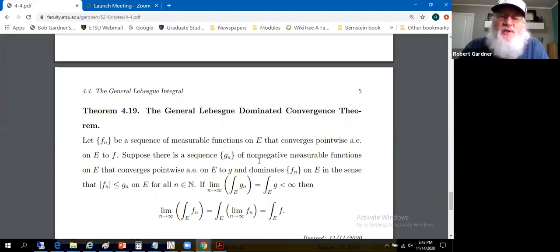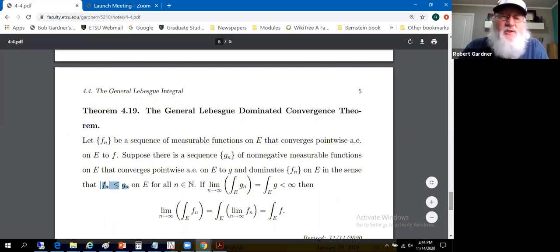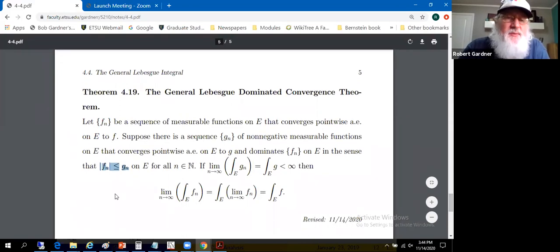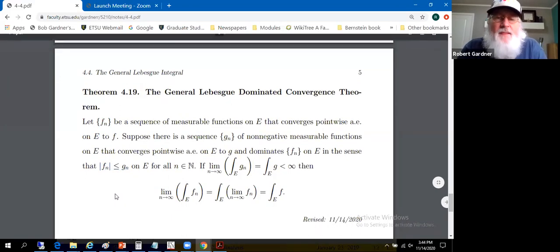Suppose there's a sequence g sub n of non-negative measurable functions on E that converges pointwise almost everywhere on E to g and dominates f sub n on E in the sense that the absolute value of f sub n is less than or equal to g sub n. Okay, so we've replaced the single g function with these g sub n's. And I still hadn't seen an integrability condition, but it's coming.